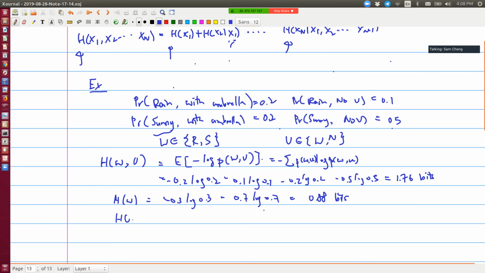And H(U) is just equal to, in this case, with umbrella the probability is 0.2 plus 0.2, which is 0.4: minus 0.4 log 0.4 minus 0.6 log 0.6. So it's approximately 0.97.